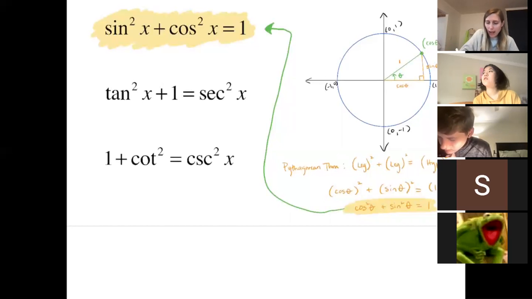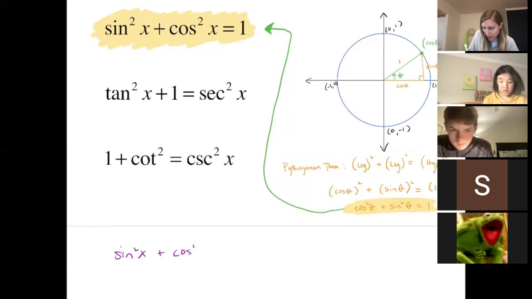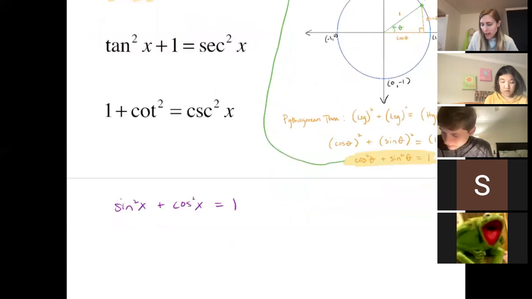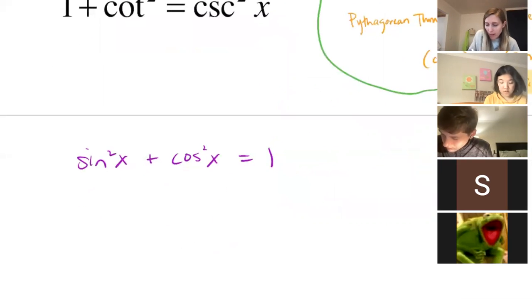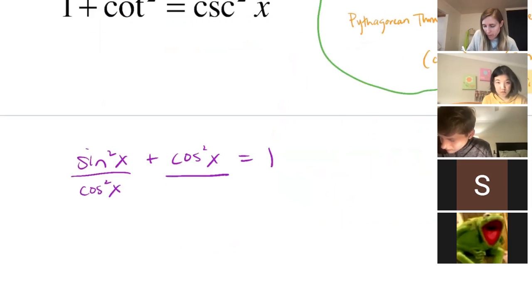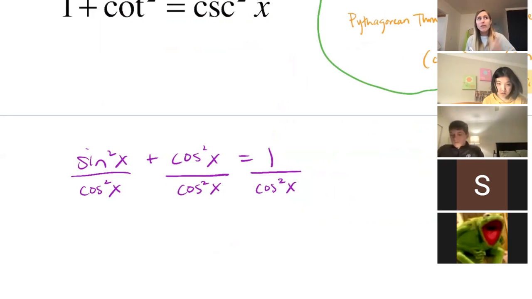Okay, so if I take sine squared plus cosine squared equals 1 and divide each side by cosine squared, and then simplify, well, since sine over cosine is tangent, sine squared over cosine squared is going to be tan squared.